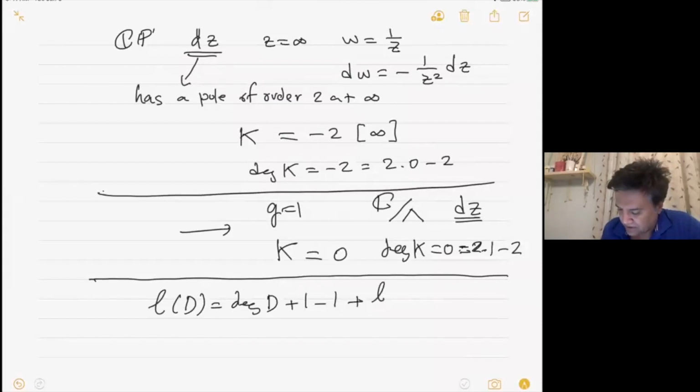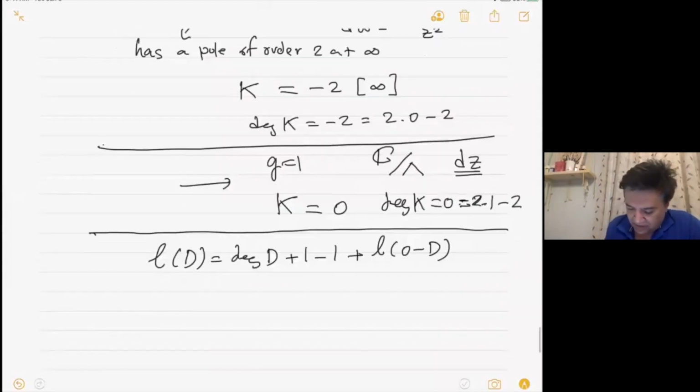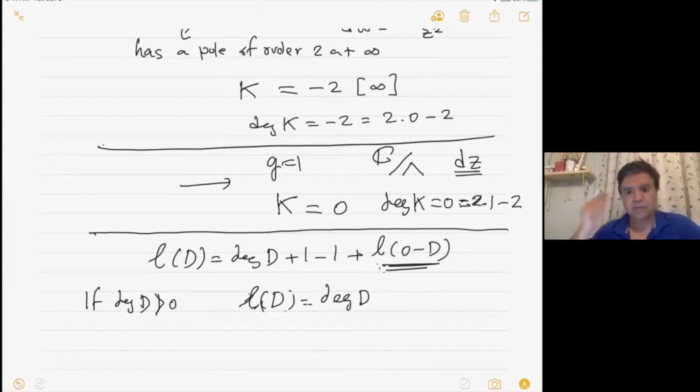L of 0 minus D. And if degree of D is bigger than 0, this is 0. So that means that L of D is degree of D. So this is the simplest, I think, version of Riemann-Roch for the curves of genus 1, that L of D is degree of D. It's nothing but that.